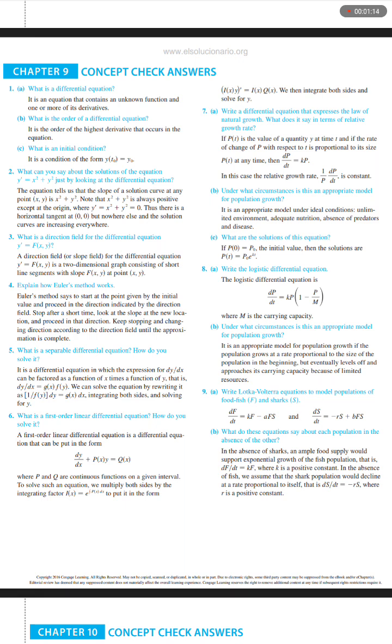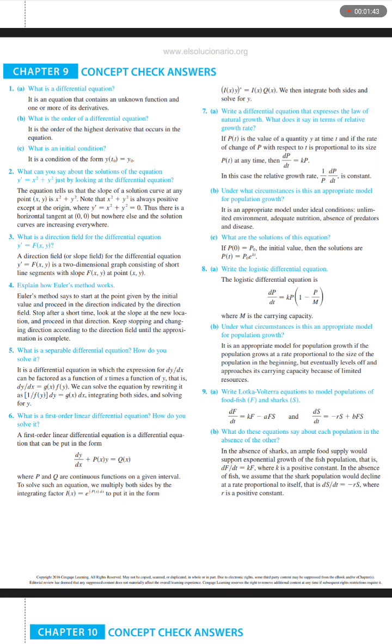Note that x² + y² is always positive except at the origin, where y' = x² + y² = 0. Thus there is a horizontal tangent at (0, 0), but nowhere else, and the solution curves are increasing everywhere.